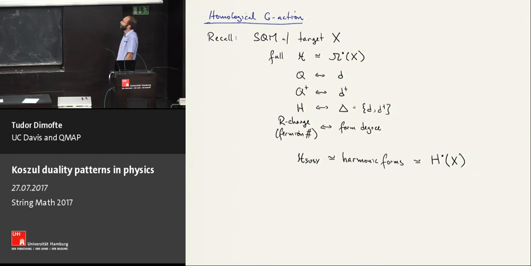The Hamiltonian acts as the form Laplacian. And we're in a situation where there's a fermion number, which corresponds to form degree. The space of supersymmetric ground states is identified with Q cohomology of the full Hilbert space, in other words, de Rham cohomology of X.